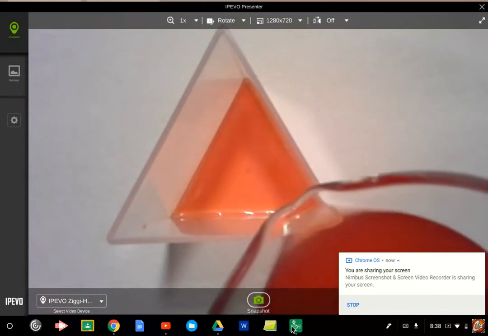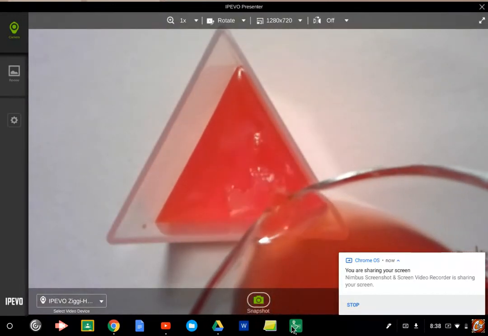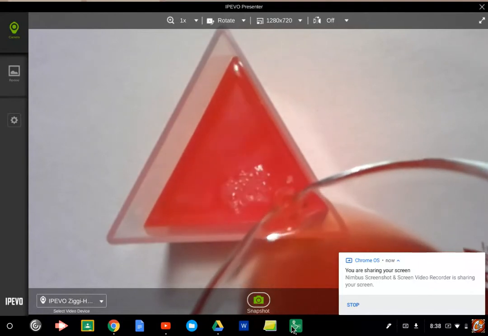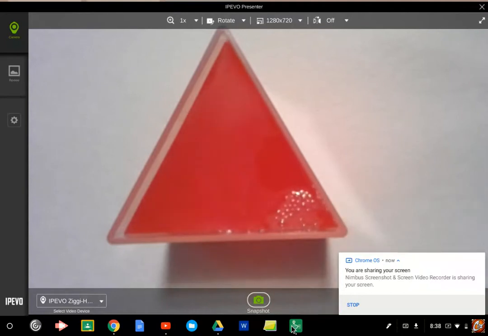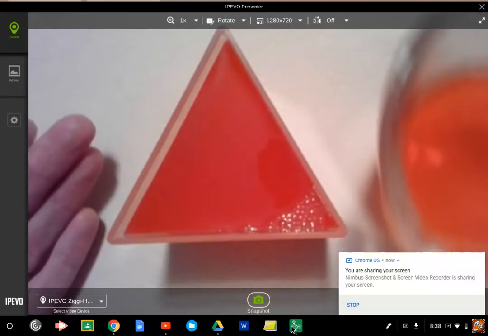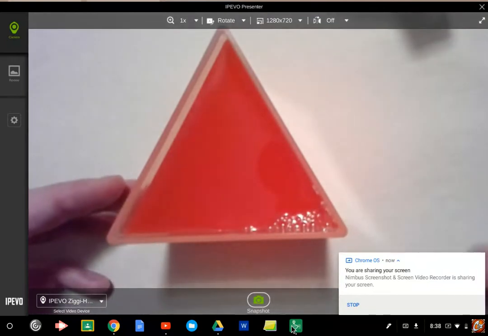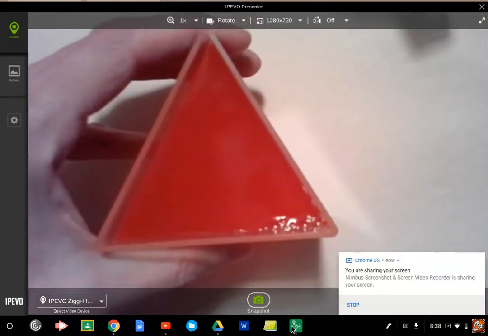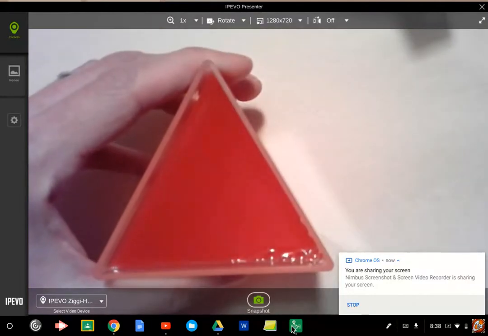But as I keep putting water or Gatorade into it, I'm just adding more height. I'm taking that same base area and adding height to it until I finally get that many heights, or I get that area of the base this many times. That's the basic idea.